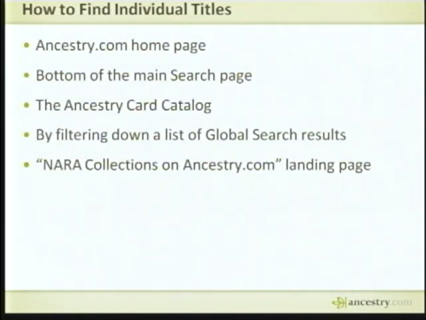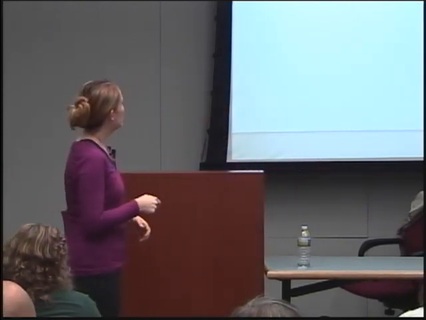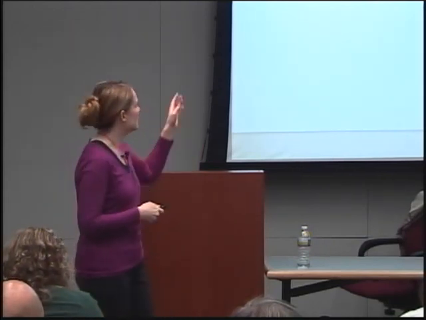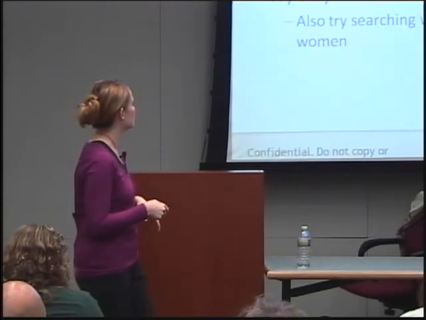You're basically going right there while filtering from a global search to a category search, and then into a specific database. I do that all the time, and sometimes I'll just go into a specific database because I don't even want to go through the process of filtering. Also, the NARA collections on Ancestry.com landing page that I talked about, which is discussed on the first page of the handout, will help you get to a specific title as well.